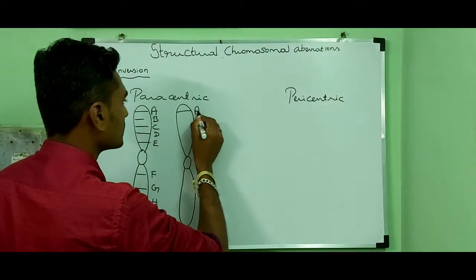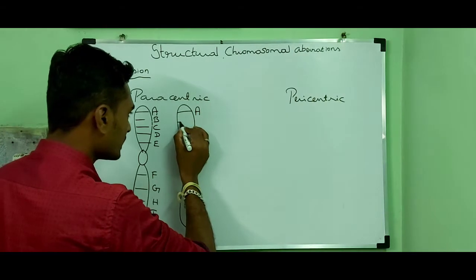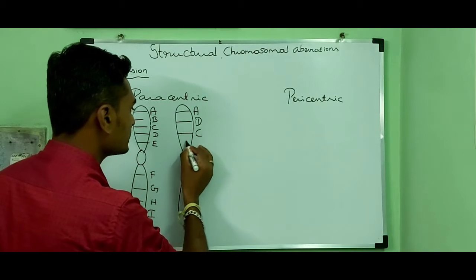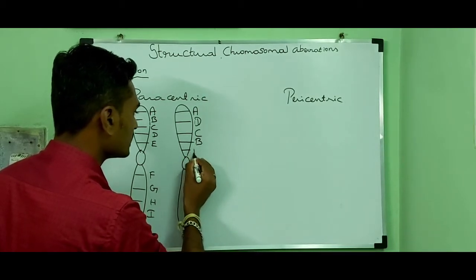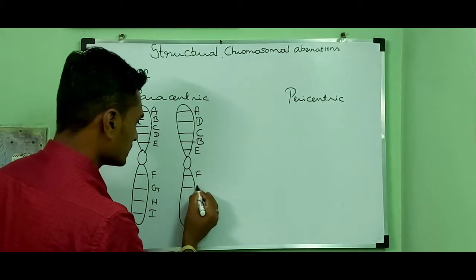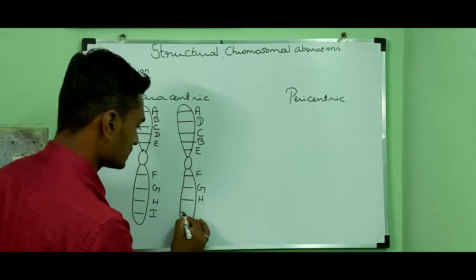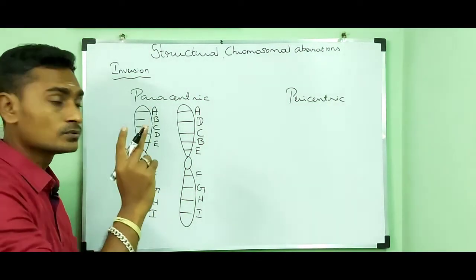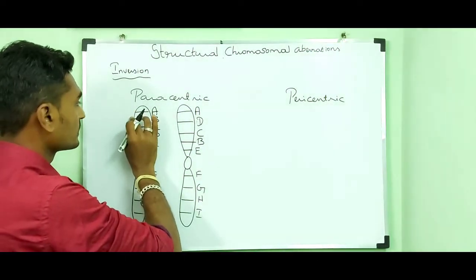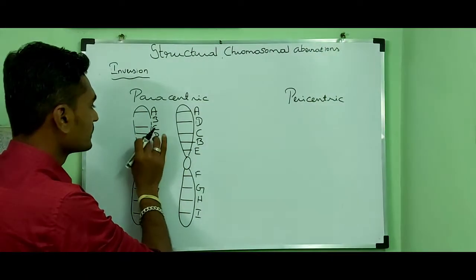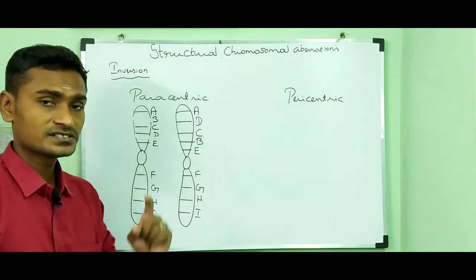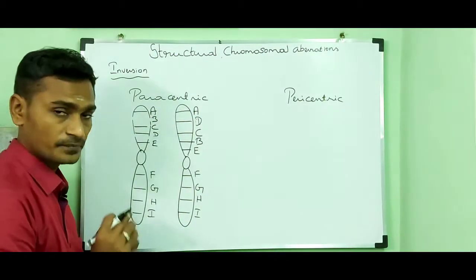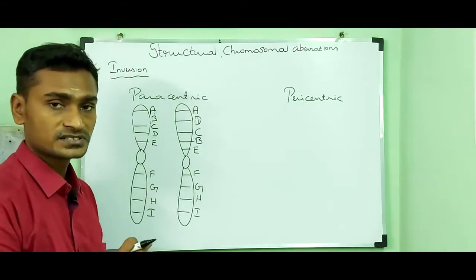So the mutated chromosome contains capital D, capital C, then capital B, then capital E, capital F, capital G, capital H, capital I. Here in the chromosome two breaks occur, so in the inversion process two breaks and two reunions occur.